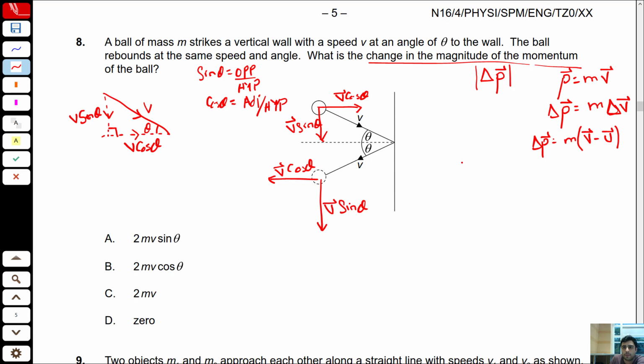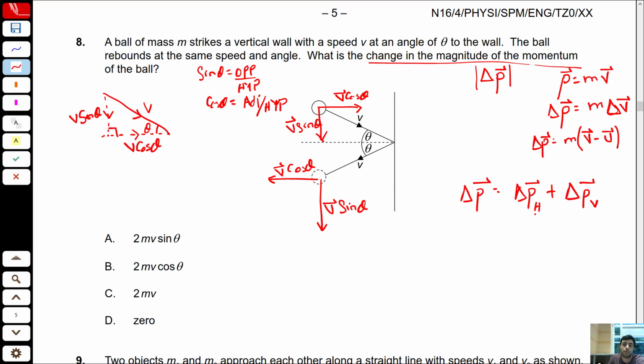Now, since momentum is also a vector quantity, it is direction dependent. So in our case, our change in momentum will be the change in momentum in the horizontal direction, because there is a horizontal momentum because of horizontal velocities, plus any change in momentum in the vertical direction.